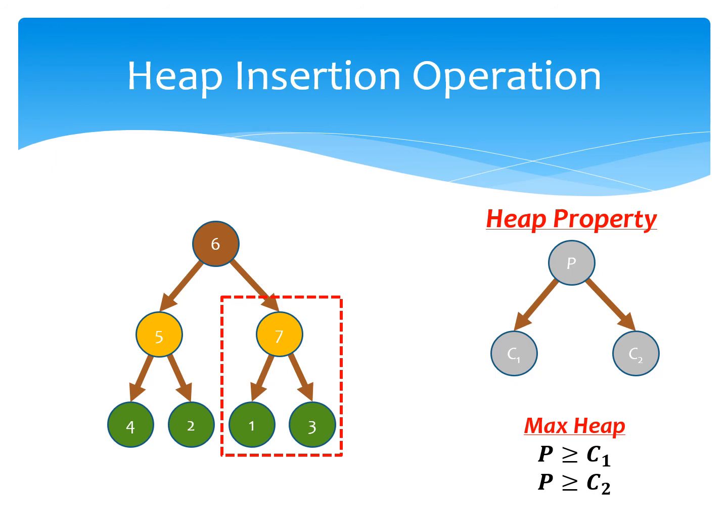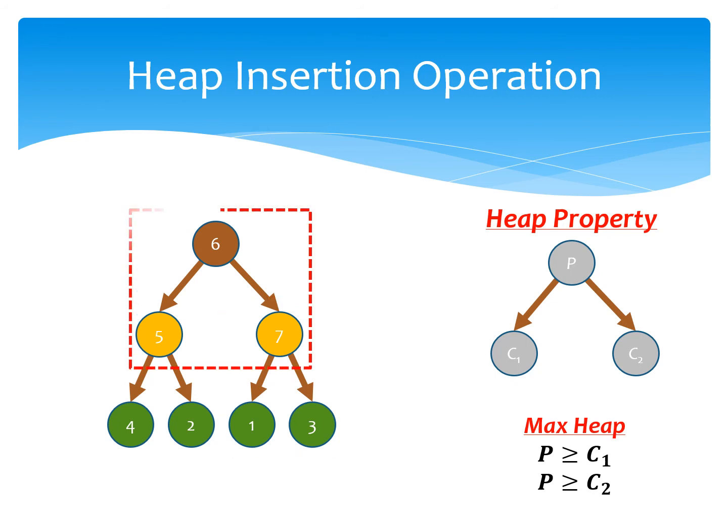Once the new node is reordered, we need to check whether the heap property holds. Again, we check the nodes in the red rectangle. As you can see, swapping the node 7 to the new position still violates the heap property of the max heap.